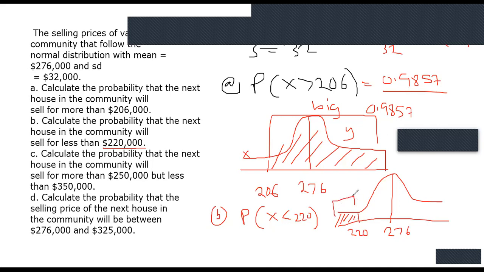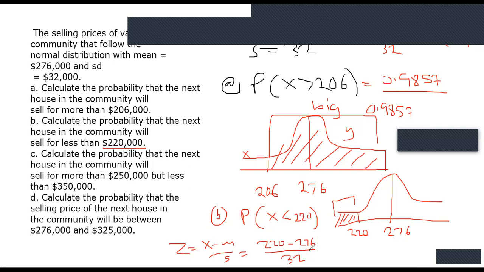So how do we standardize the 220? We use the formula. So we have 220 minus 276 over 32, to give us a negative.